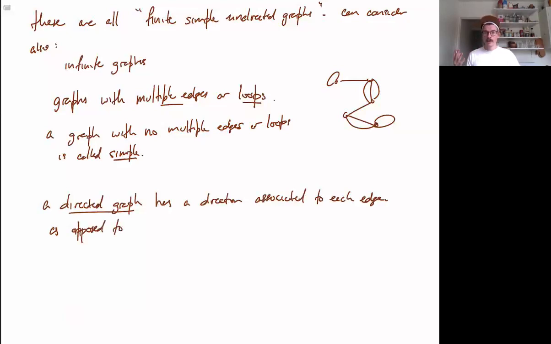As opposed to the examples we've talked about so far, which do not and are called undirected graphs.